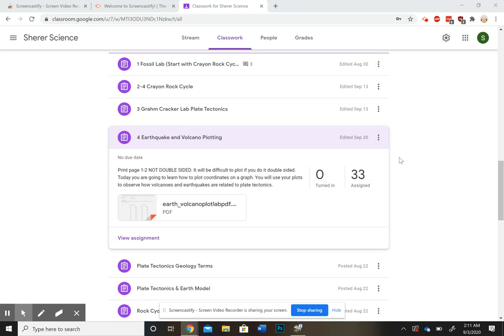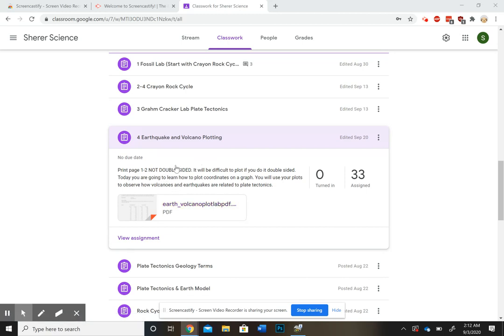I have done that before, and then I ended up printing 2 copies so that I could have the plots and the graph and the coordinates on 2 separate papers so that I could see both at the same time. Okay, I am just going to be sharing my screen today so that we're all looking at the same thing.